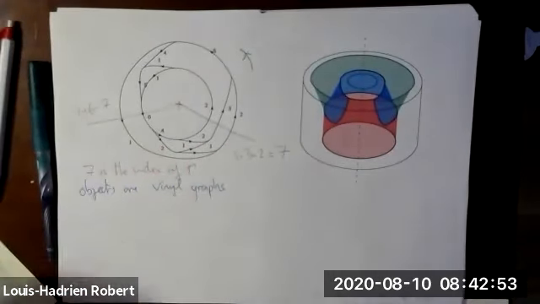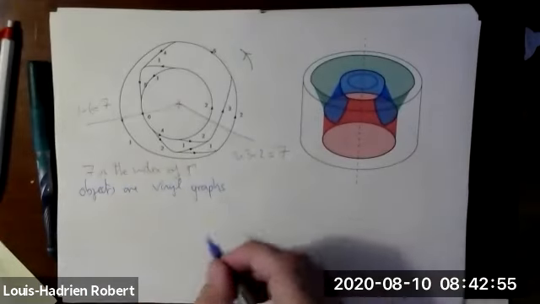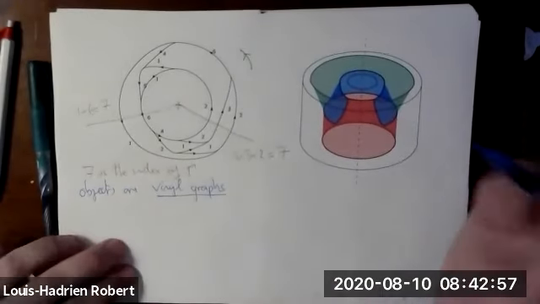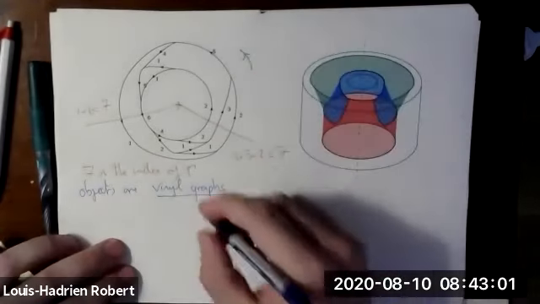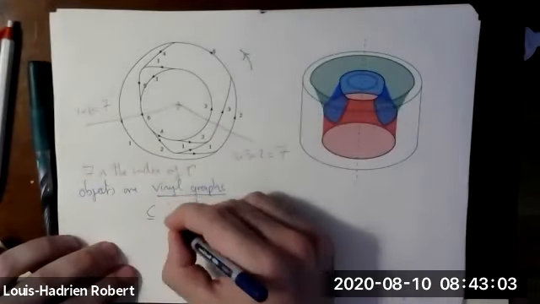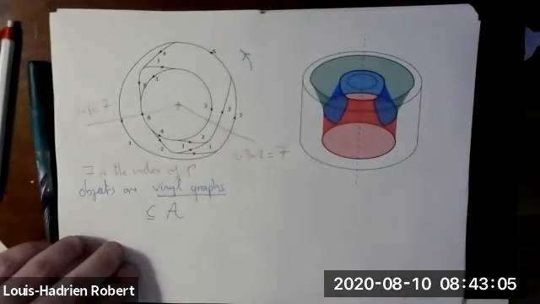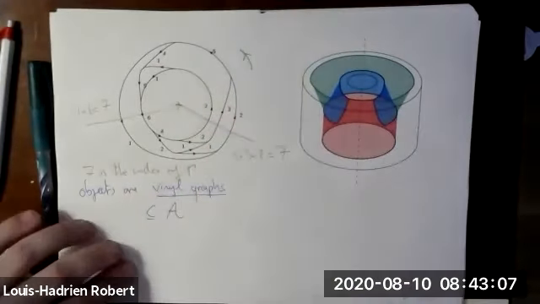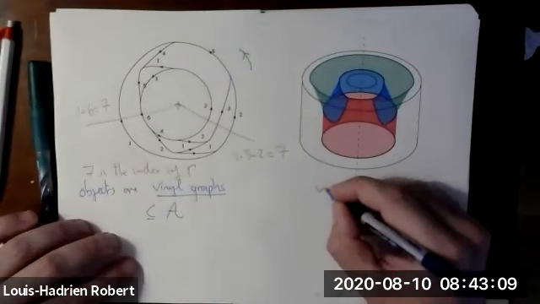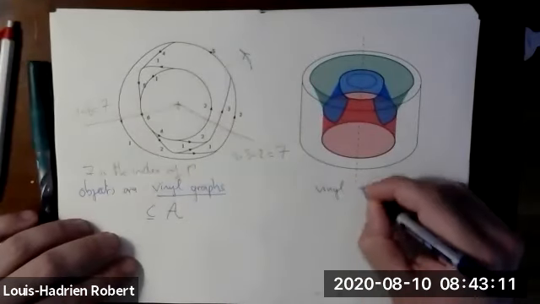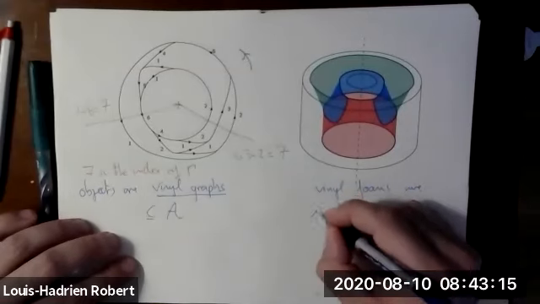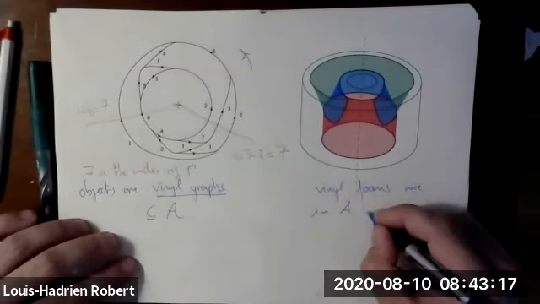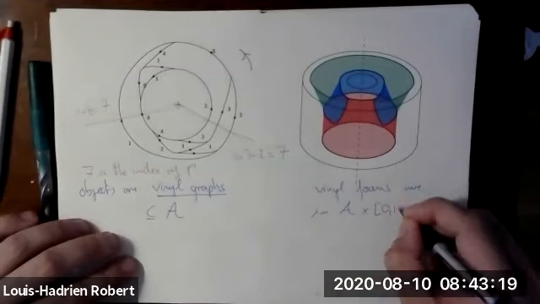Now, this is a graph, and the morphisms we'll consider, maybe I want to call this annulus A, and so vinyl forms are in A times [0,1].